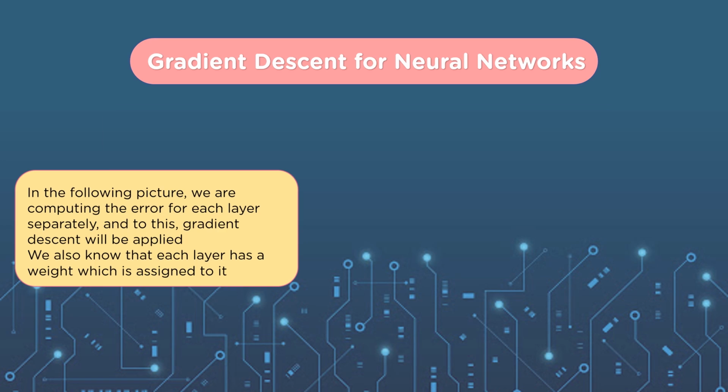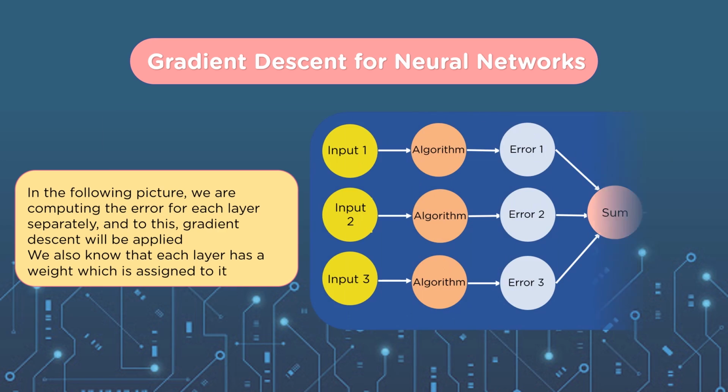As we continue looking at gradient descent for neural networks, in the following picture we are computing the errors for each layer separately, and to this gradient descent will be applied. We also know that each layer has a weight which is assigned to it. And so we have a total error at the end. And here are those nodes I was talking about. You have your input layer, it goes into a layer of algorithms.